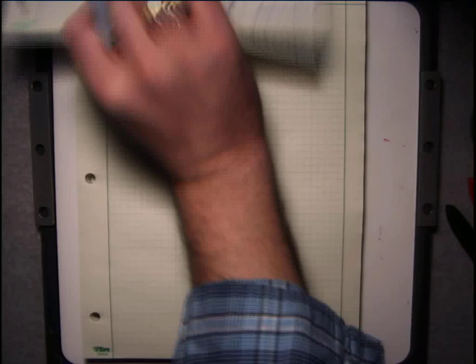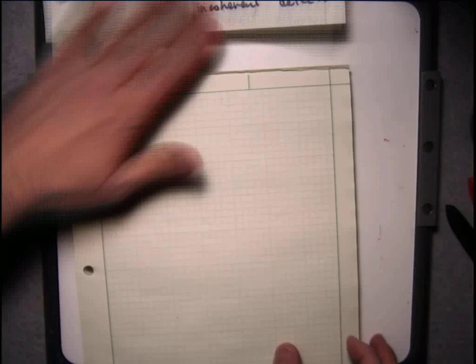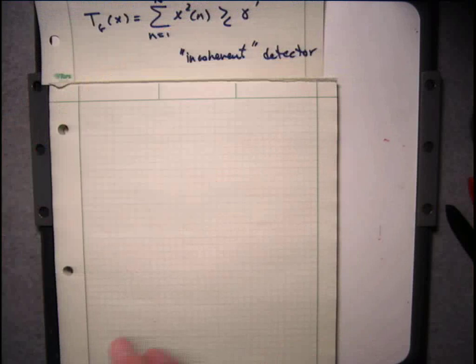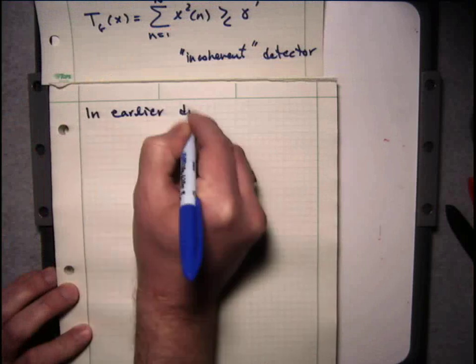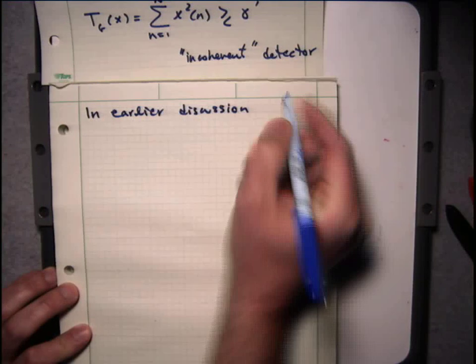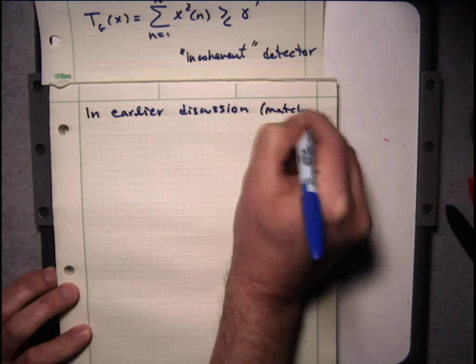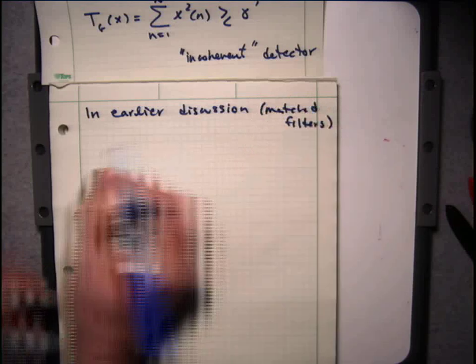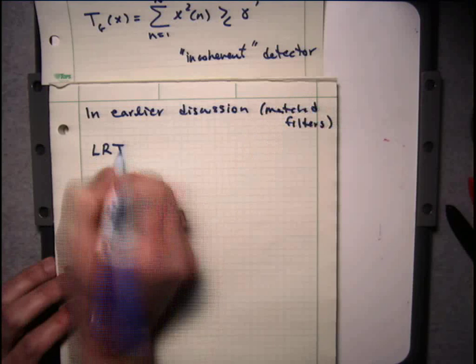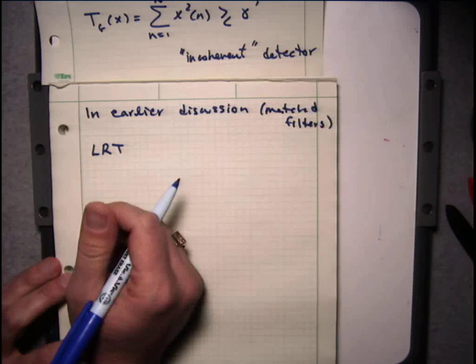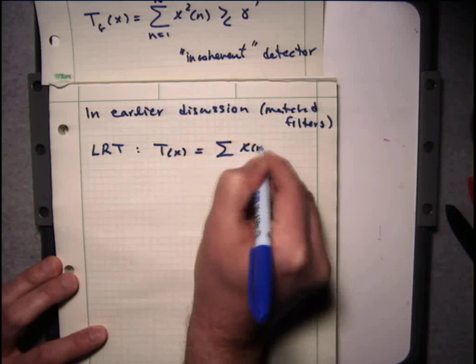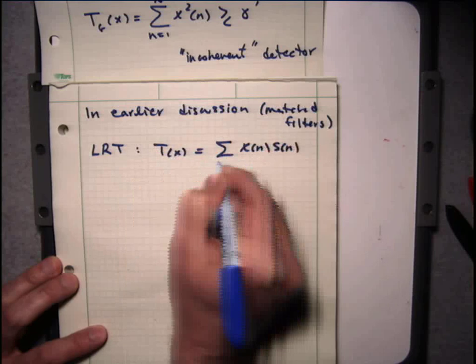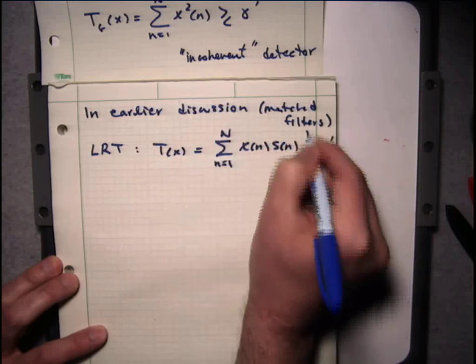Now, in contrast to this, let me remind you, if you happen to know what the signal was, in our earlier discussion when we talked about matched filters, we noticed that for the same problem, the likelihood ratio test took the following form. The test statistic was the sum of x of n times s of n, n equals 1 to capital N, compared to some threshold.